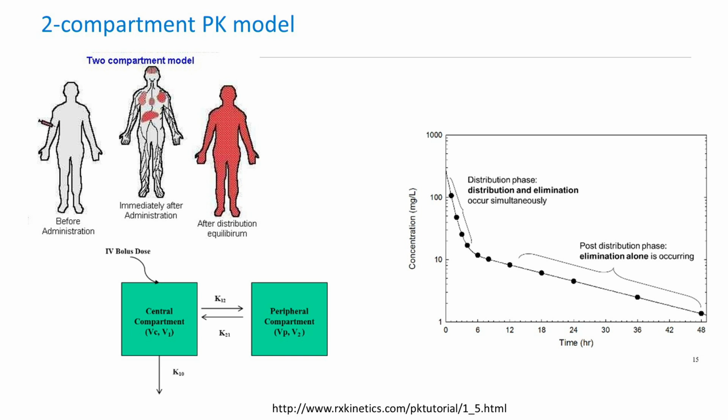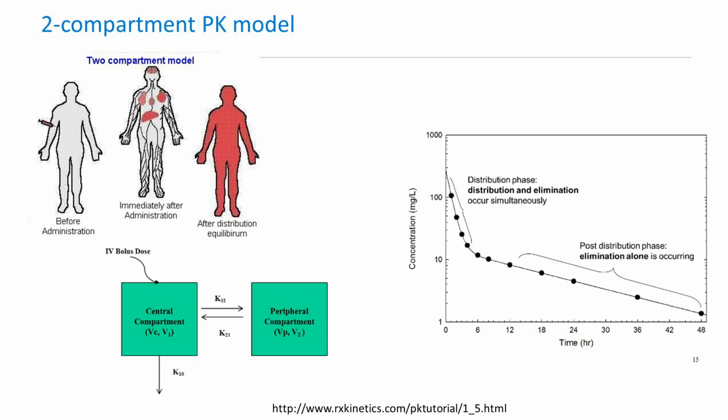Your body's in equilibrium. So these are fairly simple models, but they are really quite useful and really quite common. We do occasionally move to a third compartment, but generally the 1 and the 2 compartment models are the most common models that we look at in PK.